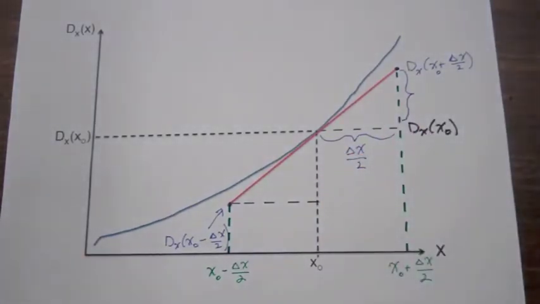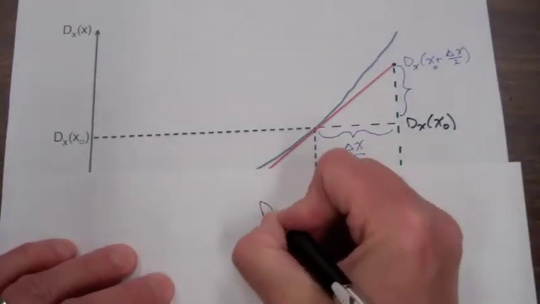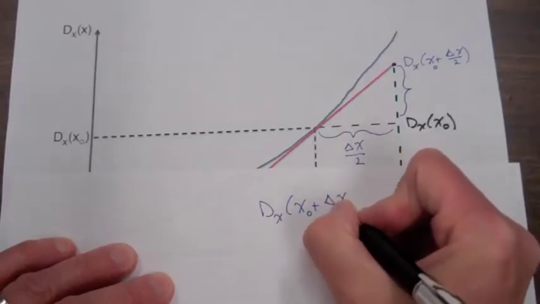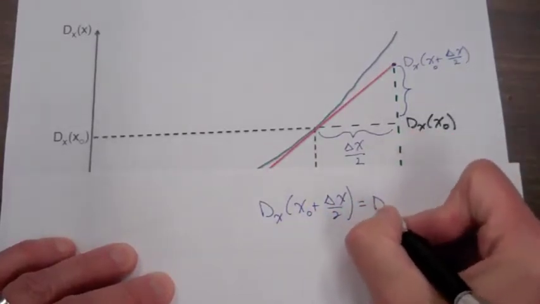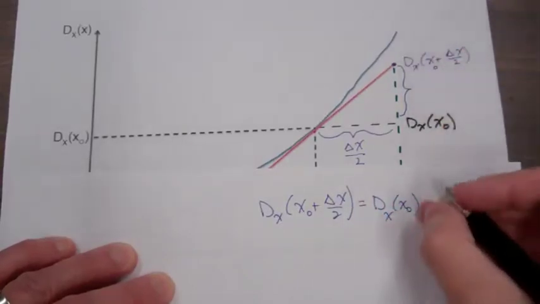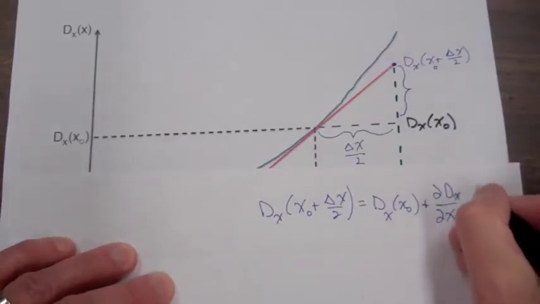So our estimate for the electric flux density field on the front face of the cube, D sub x at x sub 0 plus delta x over 2, will be D sub x at x sub 0 plus this side of the triangle, which is the rate of change of D in the x direction with respect to x times delta x over 2.